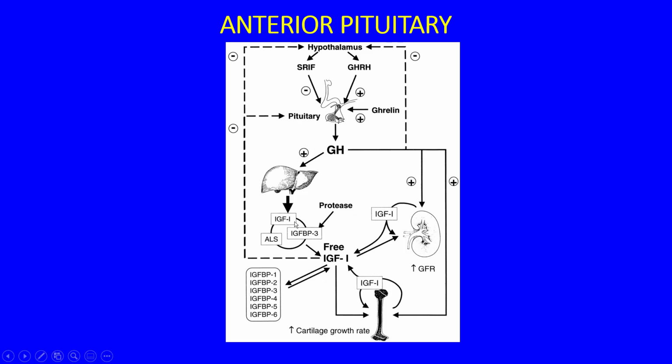It will act on things like kidney, cartilage, bone. It will also enhance the function of a variety of other tissues. It's interesting to note that you're going to have negative feedback both at the hypothalamus and by the pituitary to blunt GH release.